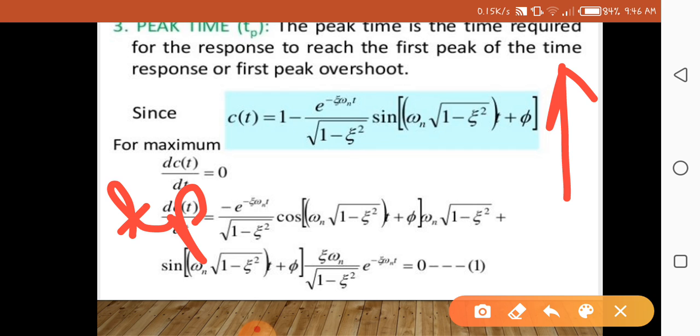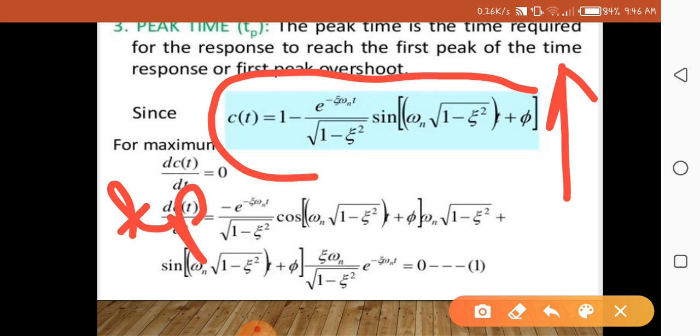It is represented as c(t) = 1 - e^(-ζωn t) / √(1 - ζ²) × sin(ωn√(1 - ζ²) t + φ). We know that this equation is the time response of the second order system. For maximum peak time, dc(t)/dt = 0.